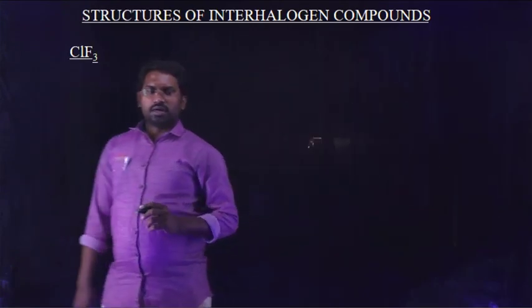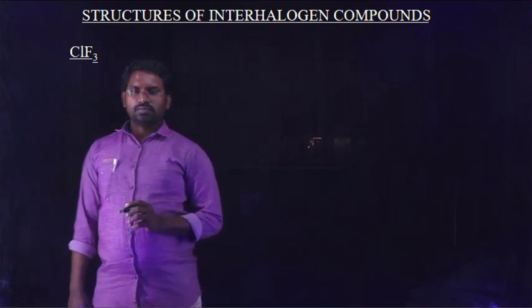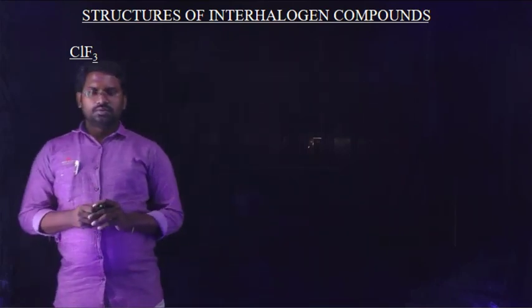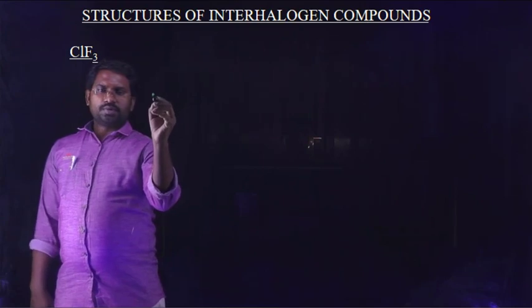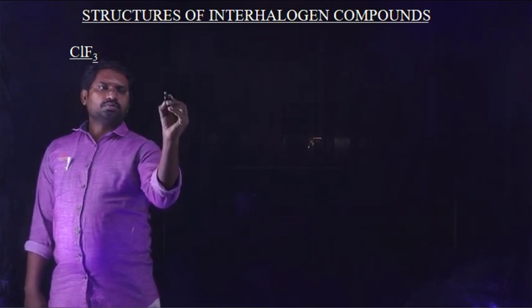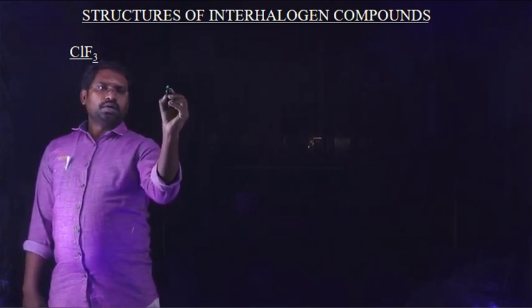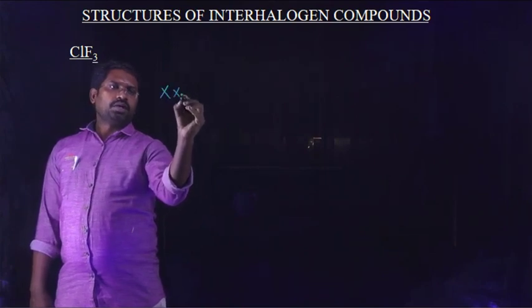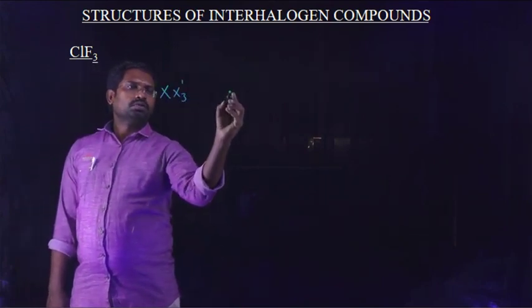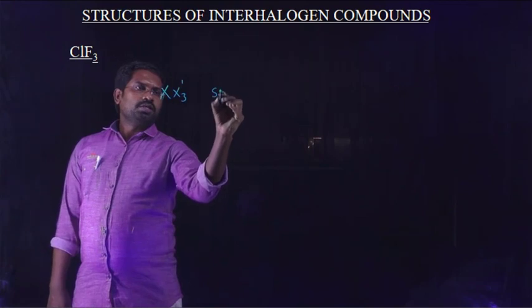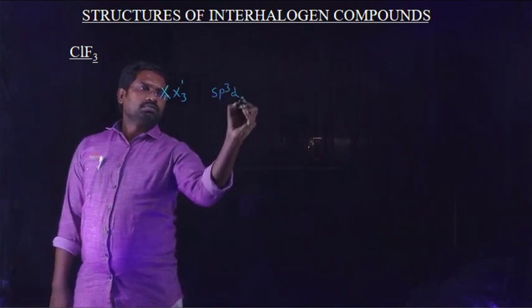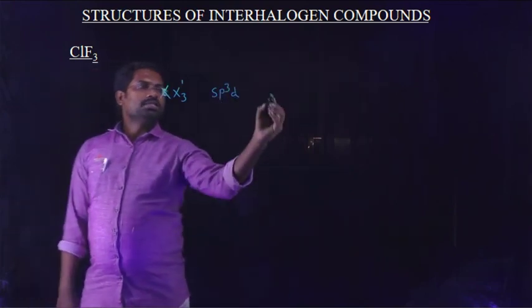Structure of interhalogen compounds. Generally, XX3 type interhalogen compounds have sp3d hybridization and the shape is T-shaped.